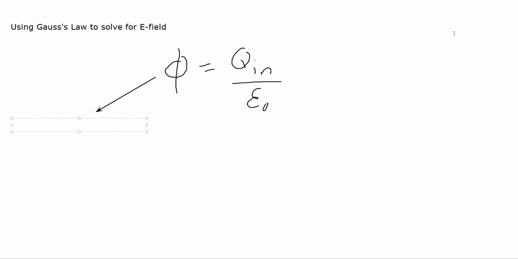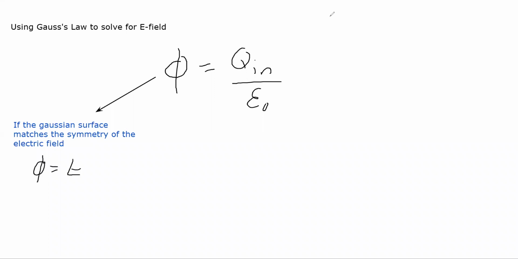Okay, so if the Gaussian surface matches the symmetry of the charge or of the electric field, because that's what we want. We want the electric field to be perpendicular to the Gaussian surface and constant around the Gaussian surface. Then, in that case, we could say that flux equals EA.